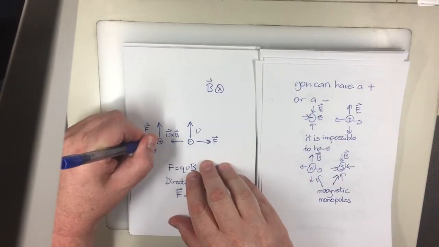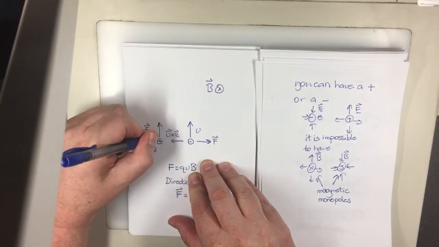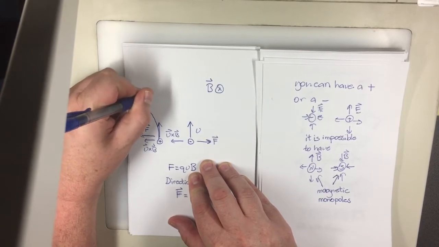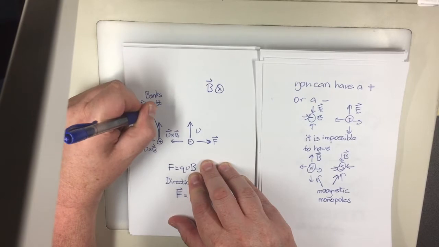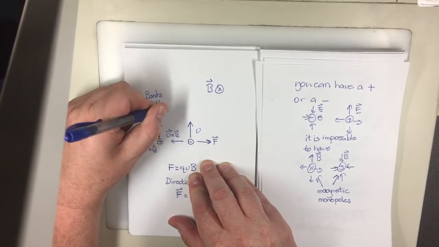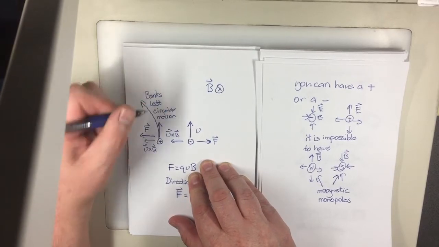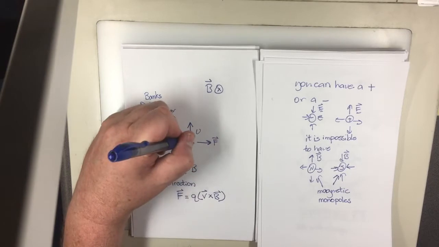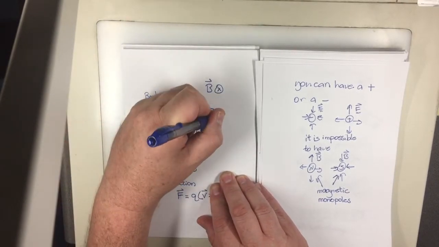So in the event of a positive particle entering a magnetic field that's in, it banks left. It's circular motion. V cross B and a negative of that means that negative particles bank right.